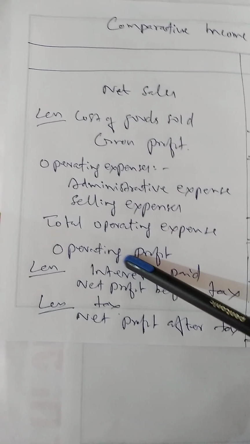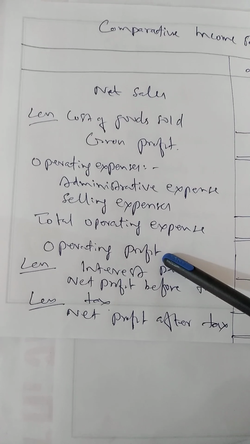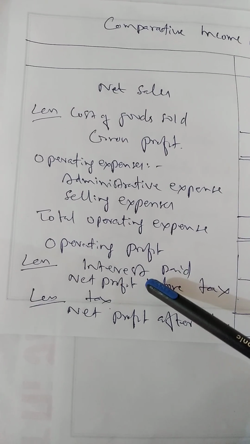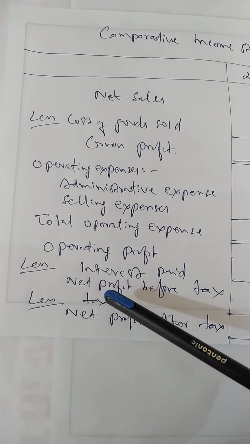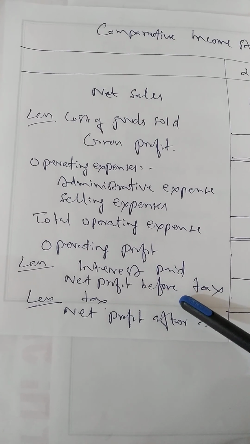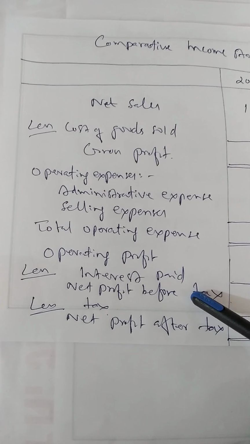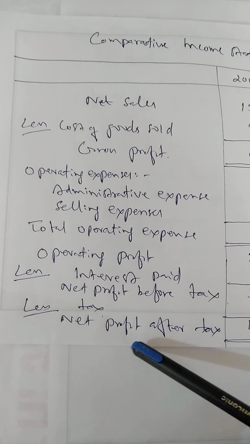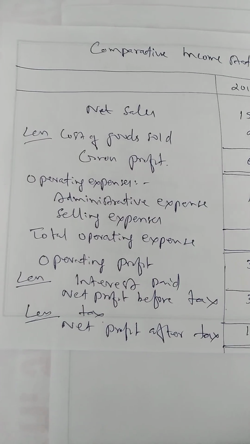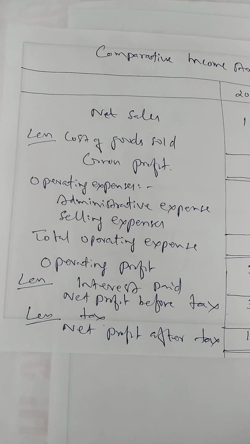We get operating profit. From the operating profit, we deduct non-operating expenses like interest, and we get net profit before tax. From this net profit before tax, when we deduct income tax, we get net profit after tax. This is the format.